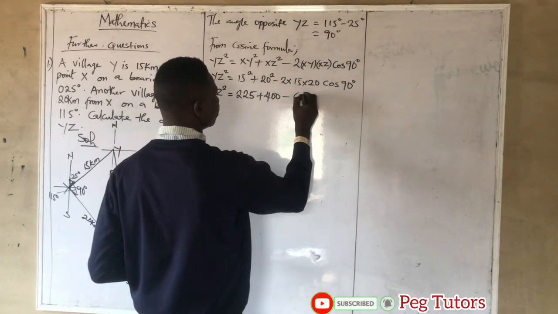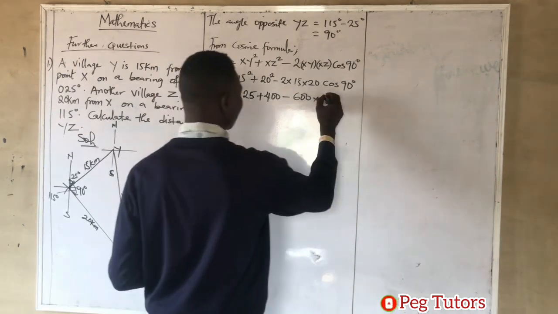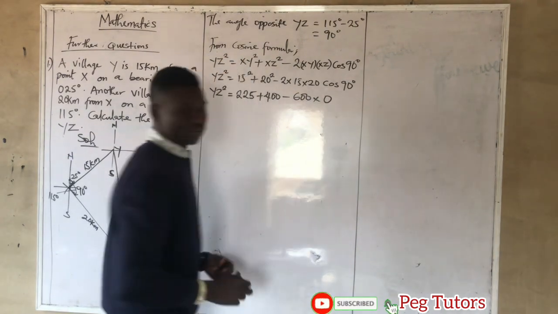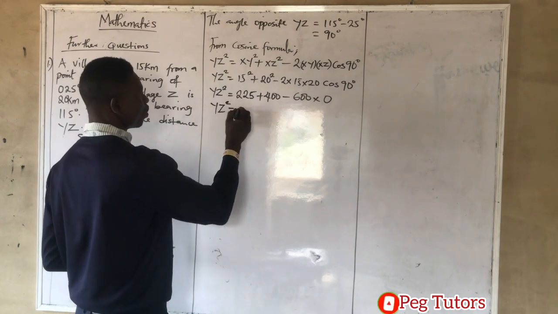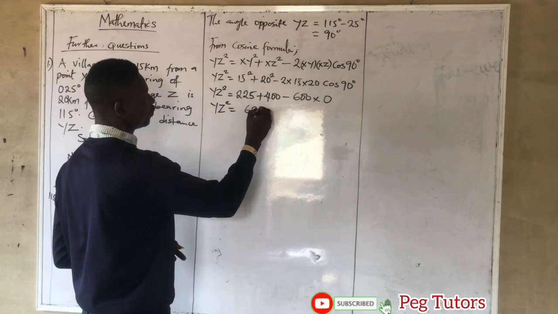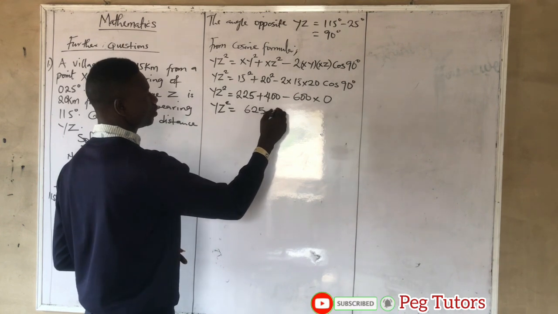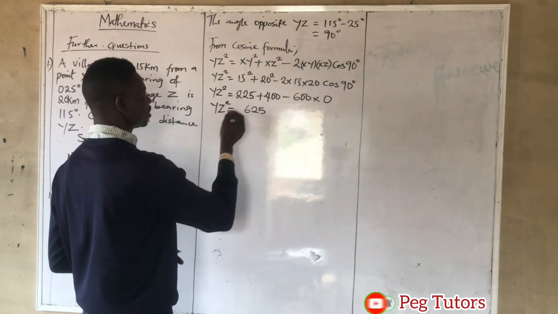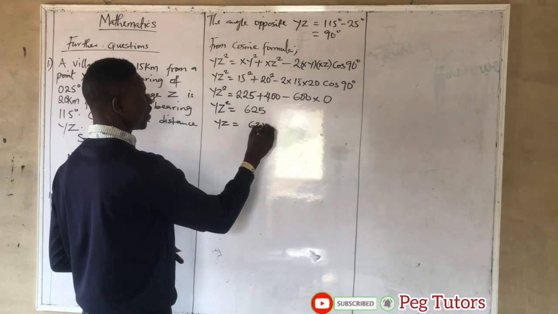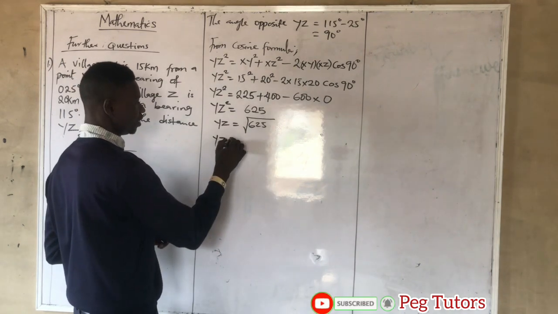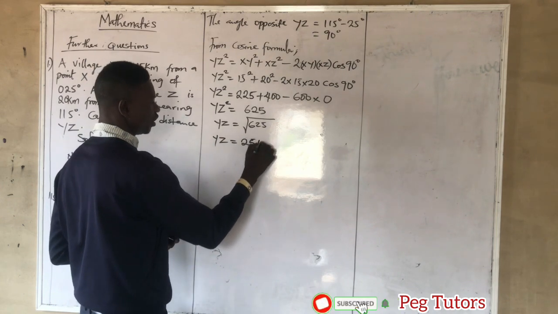Cos 90 is what? 0. So that whole term becomes 0. So you have YZ squared is equal to 625. So YZ is equal to the square root of 625. So YZ is equal to 25 kilometers.